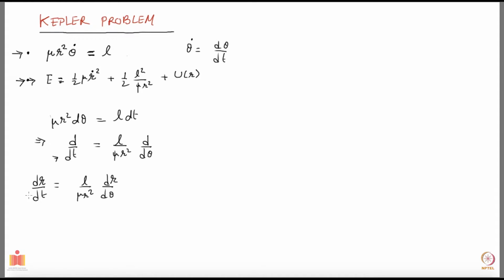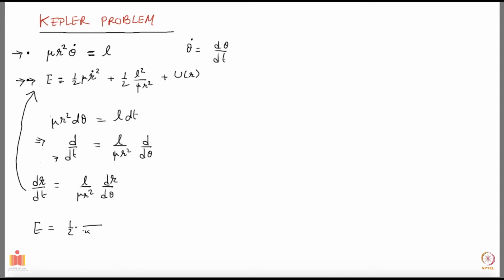Now with this my first integral becomes the following. So I substitute it in here and get the following: E is equal to half, we have r dot square, so I should square this thing. There is a mu here and there is a mu here which will be squared, so I'll get 1 over mu, and that is what I write here.